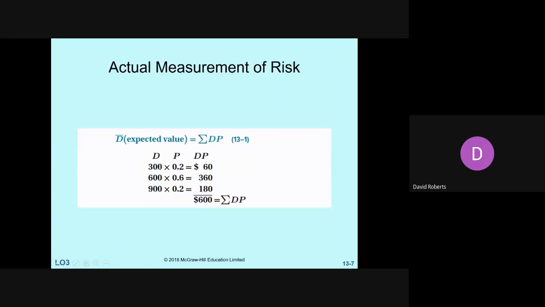So in this case, to find the expected value, you simply take the D, which is the demand, multiply it by the probability, and then sum them up. So the expected value, or the weighted average value, is $600.